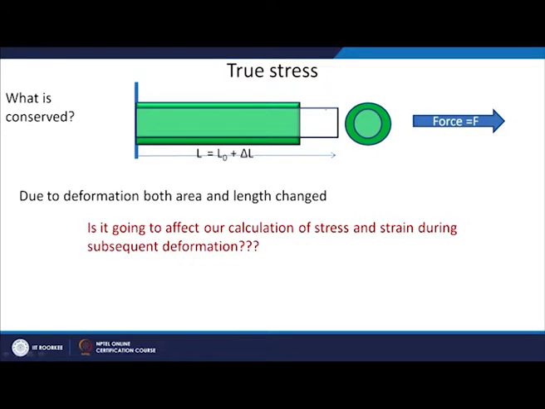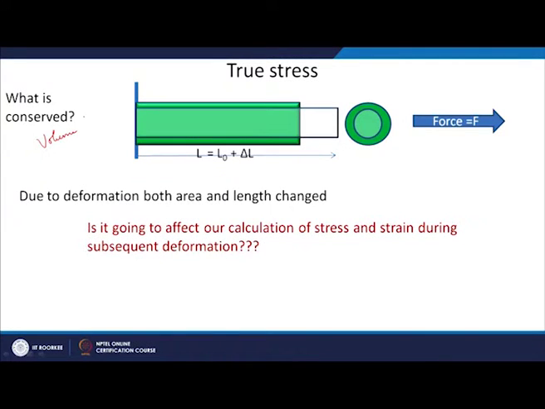So, if a question is posed here, what is conserved? What is conserved here is volume. Whatever is the increase in the length, the decrease in the cross sectional area will be proportional, and that can be found out by volume.